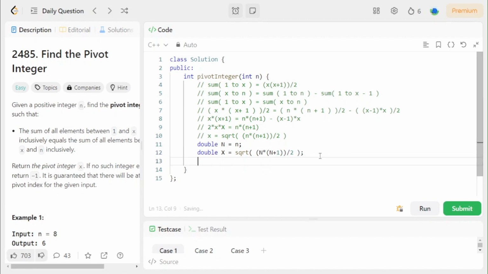Now, how to check whether x has a decimal part or not? We'll define integer x, which is equal to this. What this definition does is it typecasts this double variable into the integer variable small x. So if there was any decimal part, everything after the decimal point will be excluded.